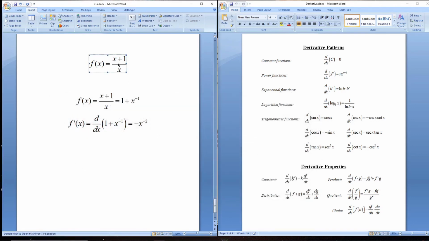So the derivative of x plus 1 divided by x is minus x to the minus 2. But the main purpose of this was to show you this step of decomposing into fractions. Very useful step that you will see throughout our semester, also going into Calculus 2, Calculus 3, a very useful step.